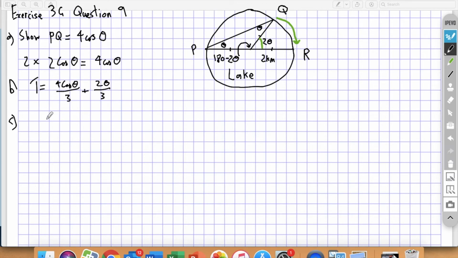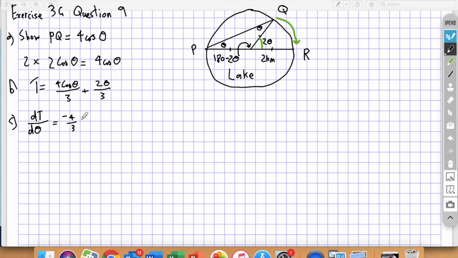But what we need to do is differentiate. So we need dT on d theta, okay? So we got 4/3 and the derivative of cos equals sine. In fact, it equals minus sine.